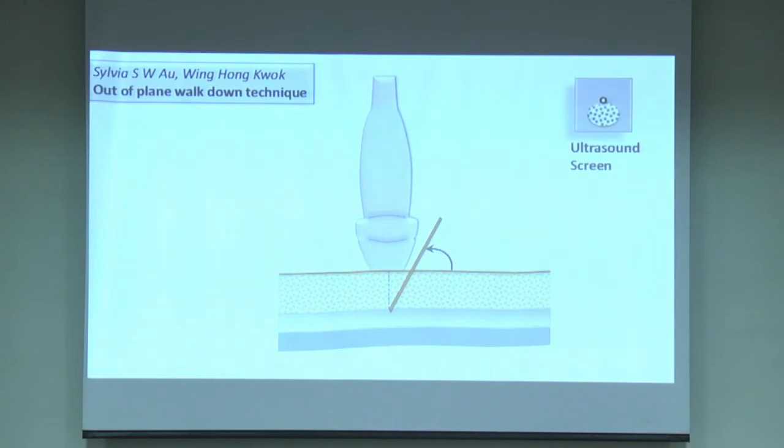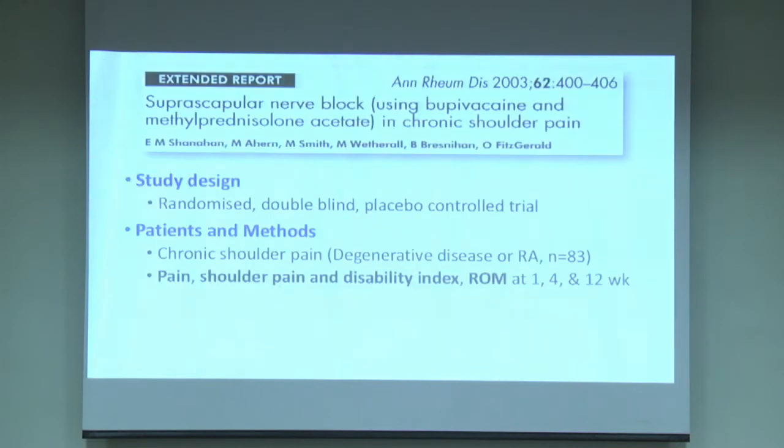So that's the way you could go ahead for the suprascapular block, which is the safest way without damaging the ligament. Now, there are various studies which prove that the suprascapular nerve block is beneficial for chronic shoulder pain. This is one of them, which was done basically in degenerative diseases.